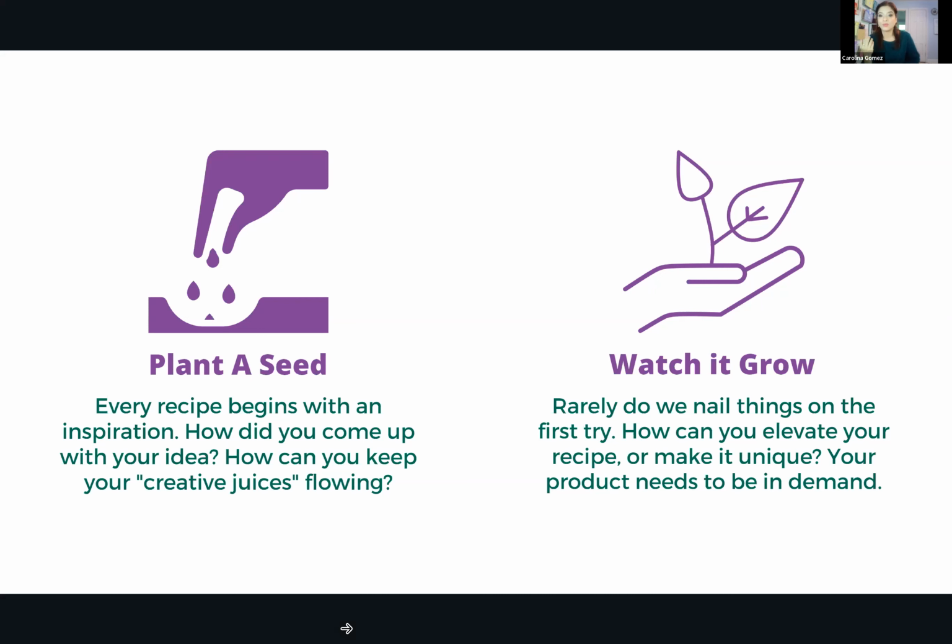But once you have the seed planted, once you know what dish you're going to make, then you watch it grow, meaning you already have an idea and you start with your idea. But very rarely do you do something and nail it on the first try. It's very rare that somebody creates the absolutely most perfect dish the first time they make it. And the reason is because it is very trial and error.